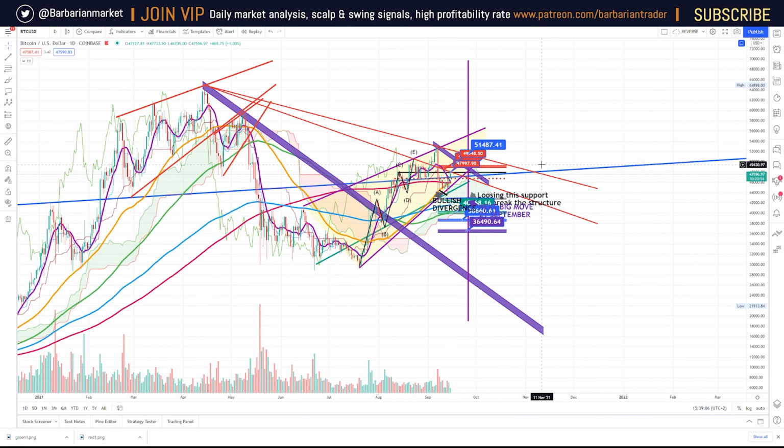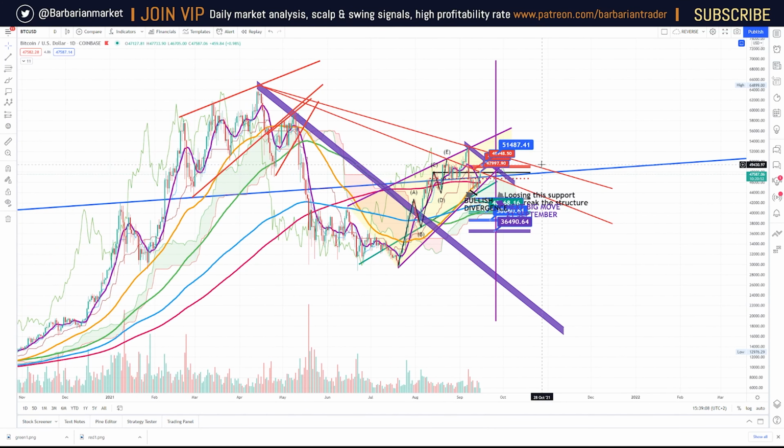And when the bear market is starting, trust me, you don't want to be in a long position, because it is unforgiving. You see this purple channel, have a look at it in case the bear market starts, because it will be a pretty good support area.